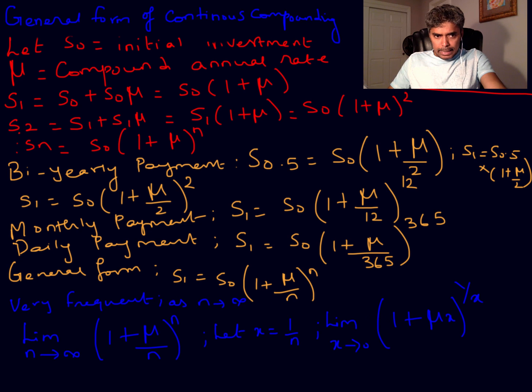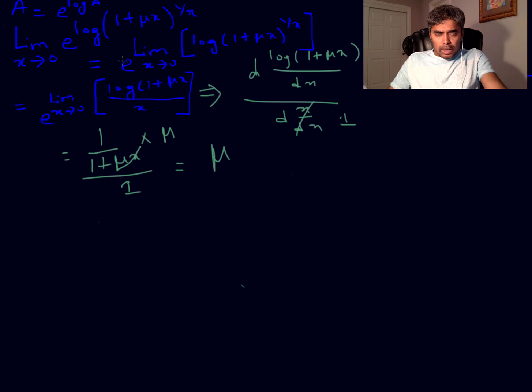Then it means the limit x tends to 0 of e to the power log of 1 plus mu x to the power 1 by x. That again can be rewritten as e to the power limit x tends to 0 of log of 1 plus mu x to the power 1 by x.